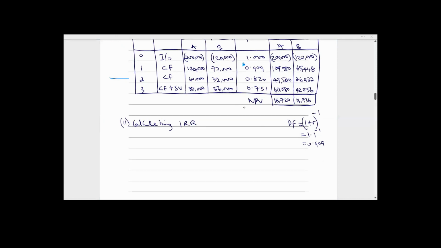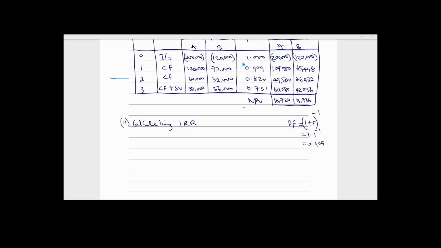The first procedure is to assume 2 discount rates that will produce 2 opposing NPVs, meaning that one discount rate will give you a positive NPV, then another discount rate will give you a negative NPV. Step 2, you proceed to calculating the internal rate of return using the IRR formula. Then step 3, you advise. But in this particular requirement, the examiner did not ask us to advise. Therefore, you only have to calculate approximate internal rate of return.